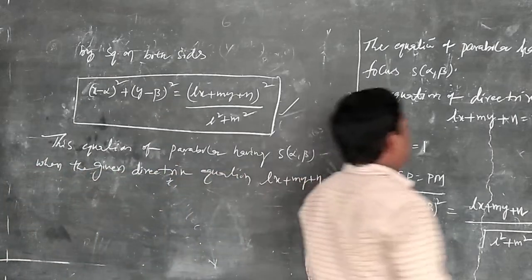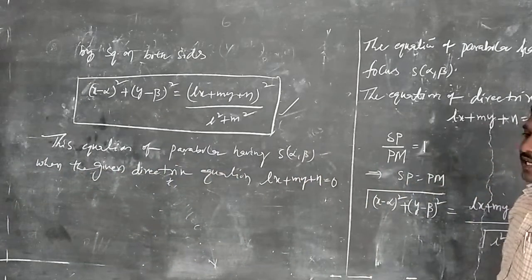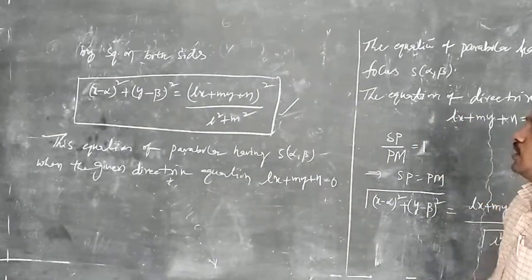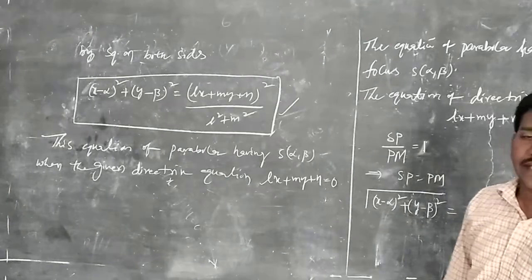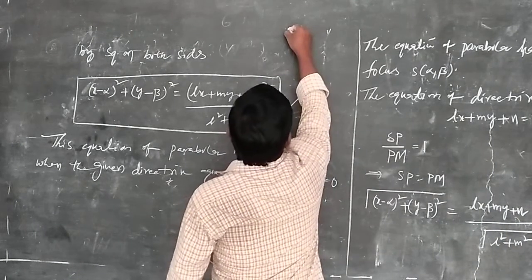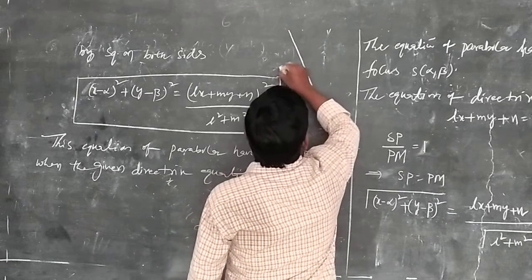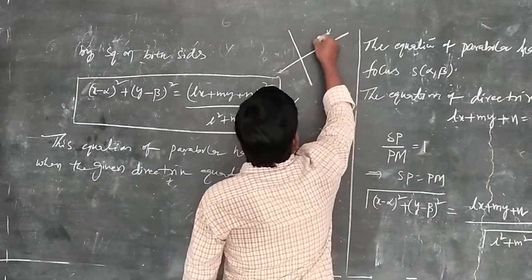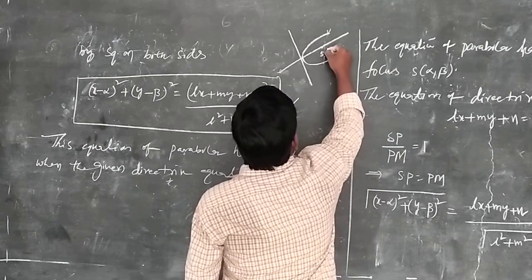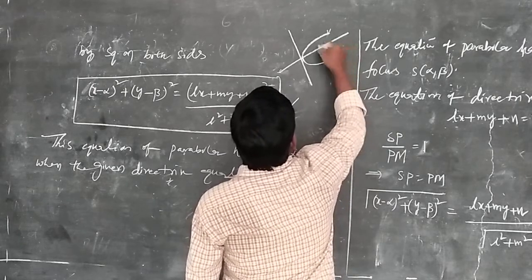So what we learned so far? The shape of the parabola is not on the x-axis and y-axis. It is like that. And this is S(alpha, beta).